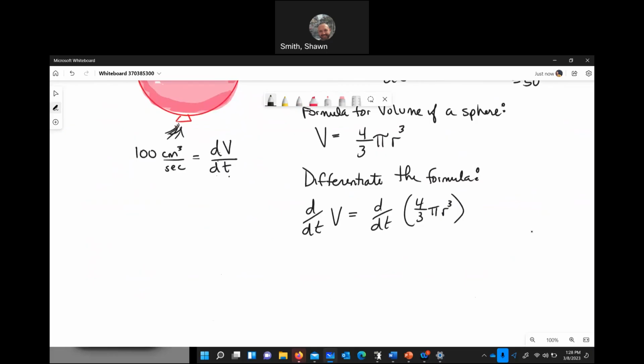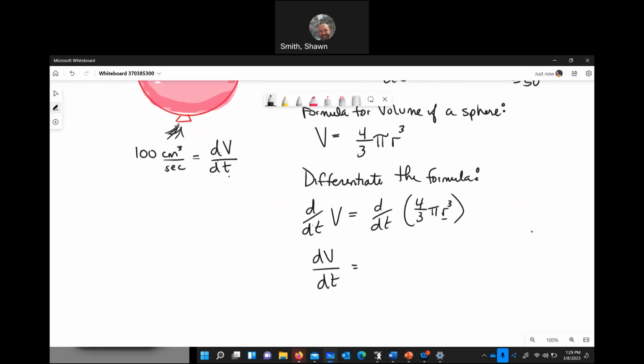So now let's plug all this in. This is going to be dV over dt, the derivative of V. The derivative of all this mess here. Careful right here, though. Four-thirds pi is not a variable. Pi is a constant.